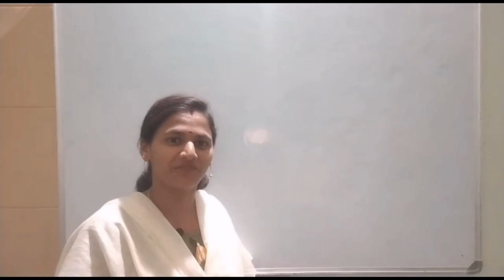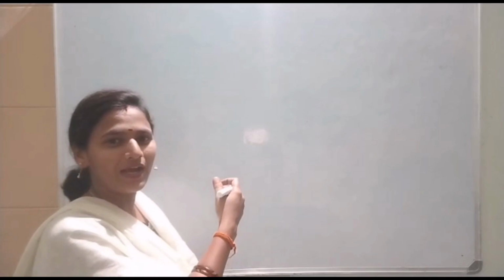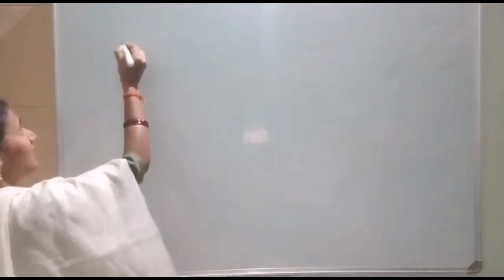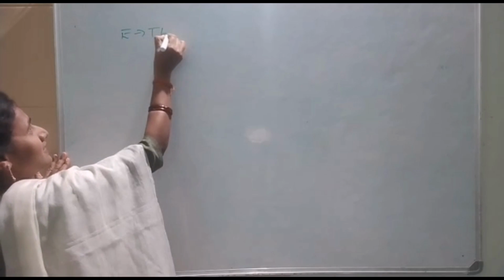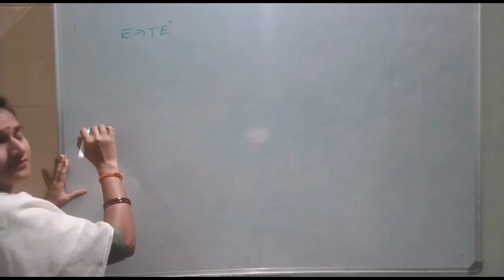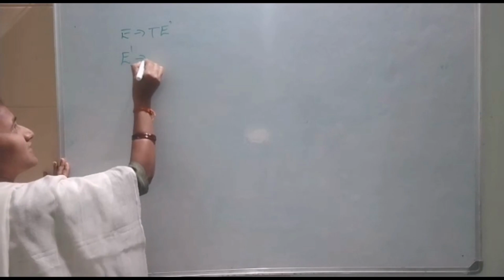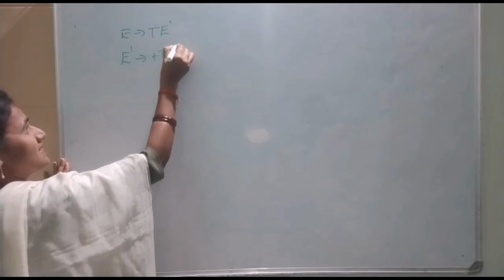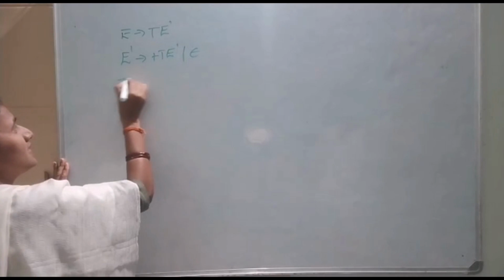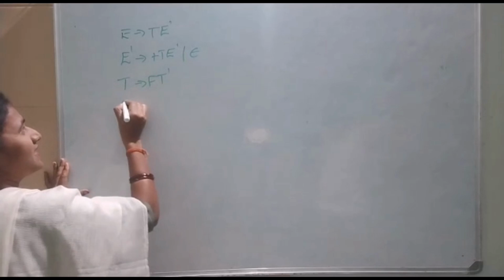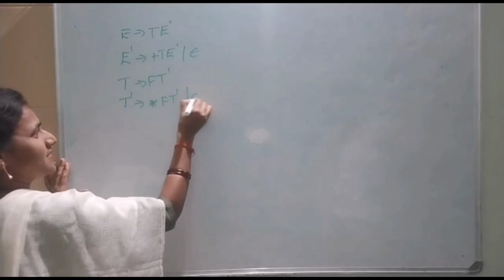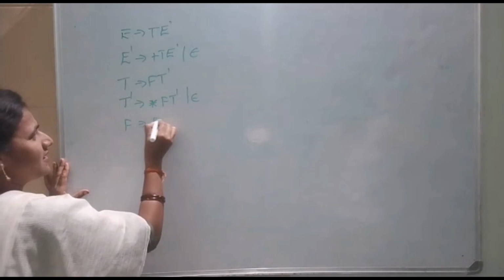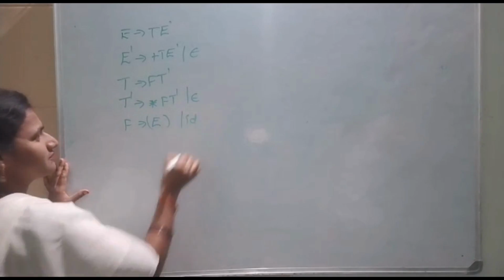So in this session, we are going to see how to compute first and follow functions. The well-known grammar I am going to consider is: E derives T E dash, E dash derives plus T E dash or epsilon, T derives F T dash, T dash derives star F T dash or epsilon, F derives (E) or id.